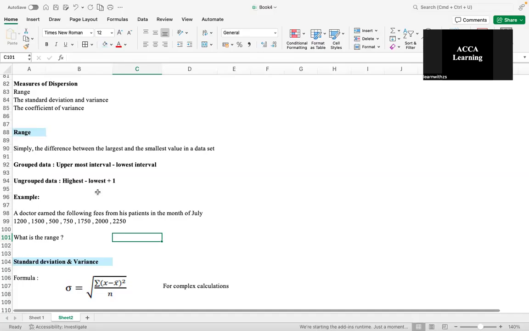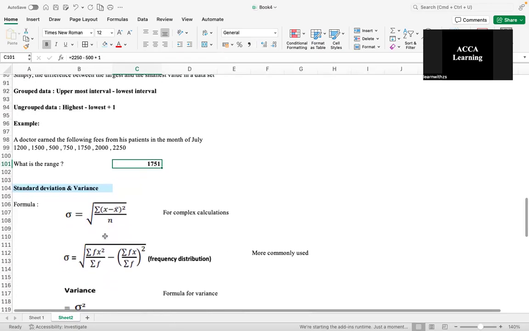So what is the highest value here? 2250, right? 2250 minus, what is your lowest value in the set? 500. So you reduce 500 and then you add a 1 to it as per your formula. So your answer comes up to be 1751, which is the range of this particular data set. Now, this is all about range.